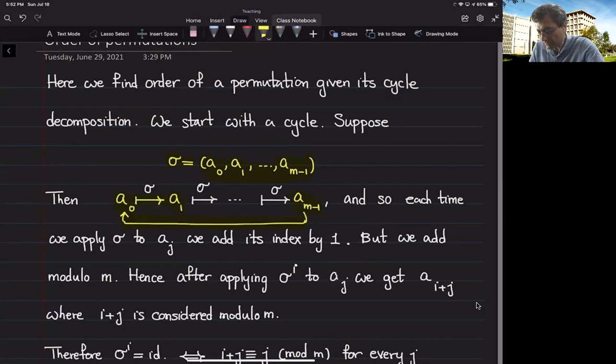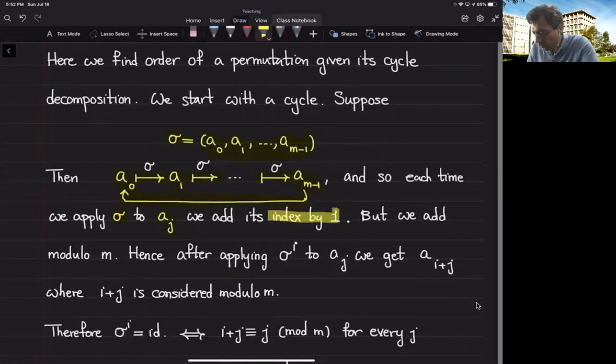So each time that we apply sigma to a sub j, we are increasing the index by 1 modulo m. So again, we add modulo m. That's why I used the indices starting from 0.